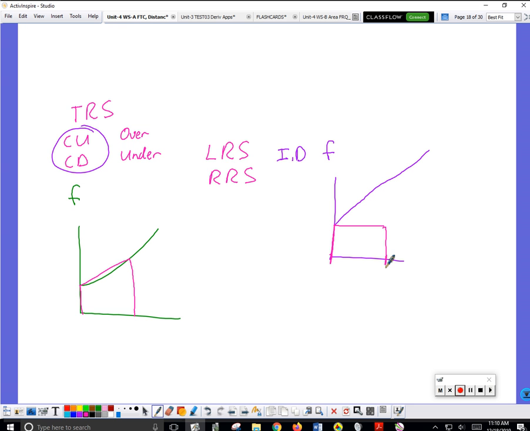So that means if it's a left Riemann sum and the function is increasing, that's an underestimate. But if I were taking the same function and I pick the velocity on the right, well, now my approximation computes the area in green, which is too much. So that means if I'm doing a right Riemann sum, function is increasing, now I've got an overestimate. So I don't typically try to remember the rule, I just draw a quick picture.